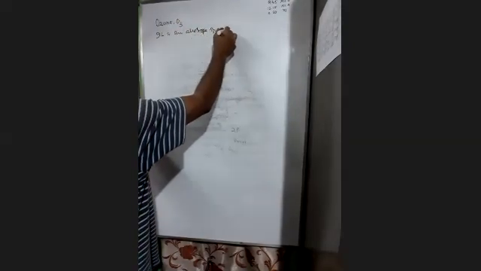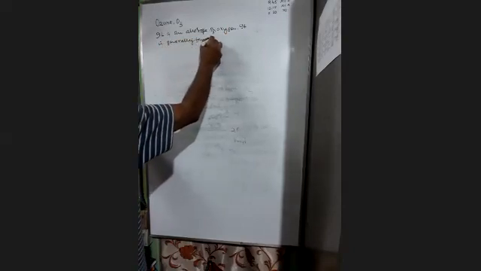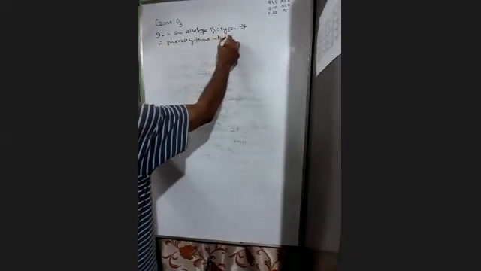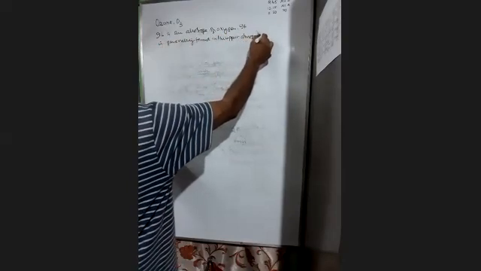Ozone is an allotrope of oxygen. It is generally found in the upper atmosphere.